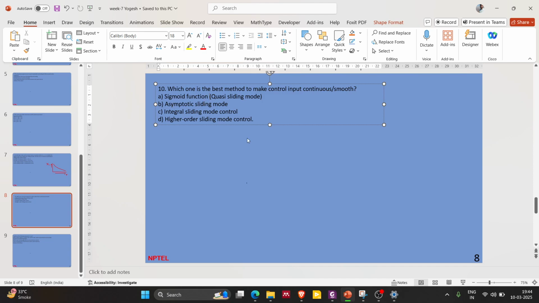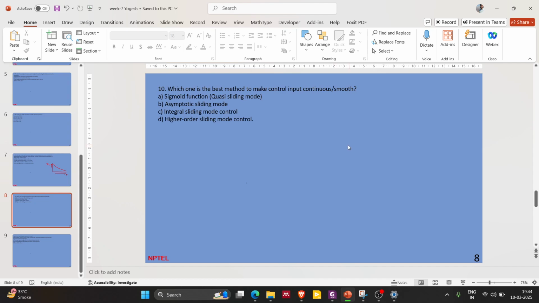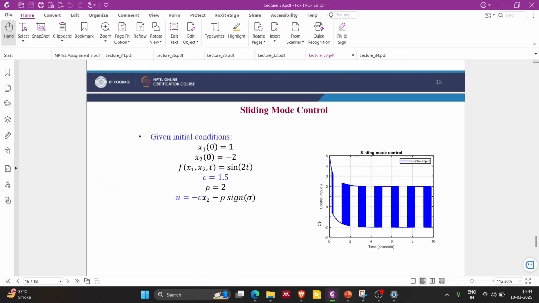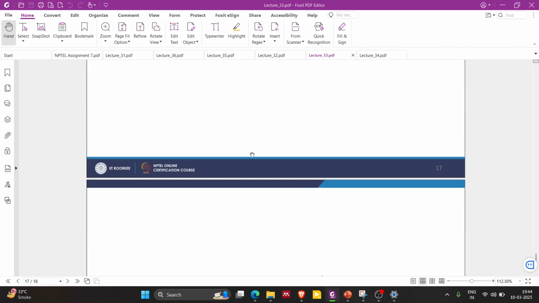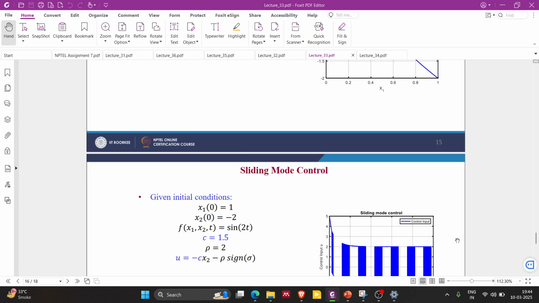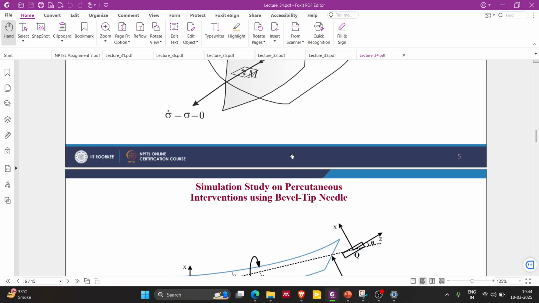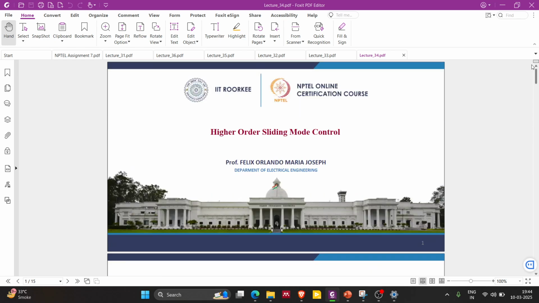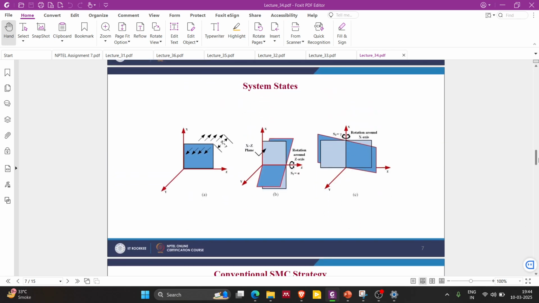The sigmoid function is basically going up and down, up and down. Asymptotically might work, but what the professor has discussed here is the need to use something like higher order sliding mode control, right?